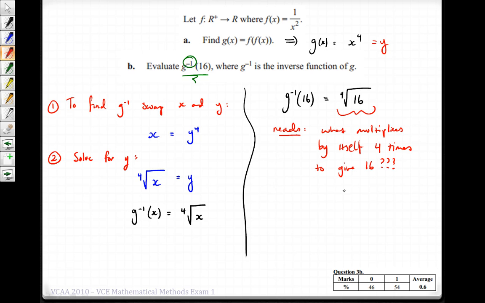That's the question we've got to ask ourselves. Of course, our calculator would just throw us out an answer and that'd be great. By looking at it, and because I know the answer, I can tell you that g inverse of 16 equals 2.